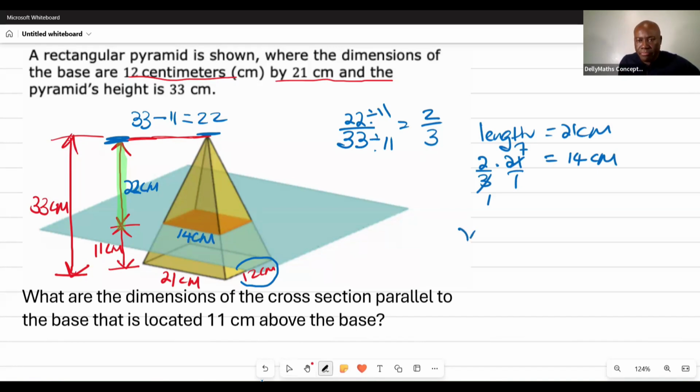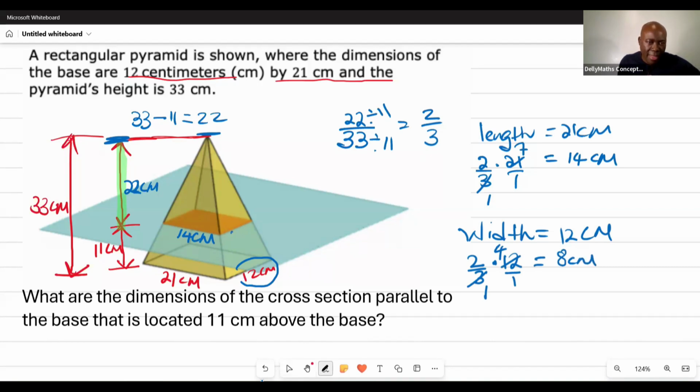So for the width, the original width is equal to 12 centimeters, and I'm referring to the base, all right? Now we're going to take 2/3 of the 12, and it's going to help me find the corresponding width when we sliced it. So 3 into 12 is 4, 2 times 4, and that's definitely 8 centimeters.